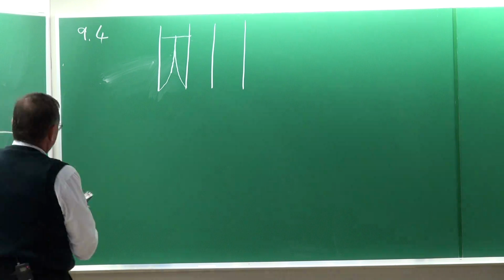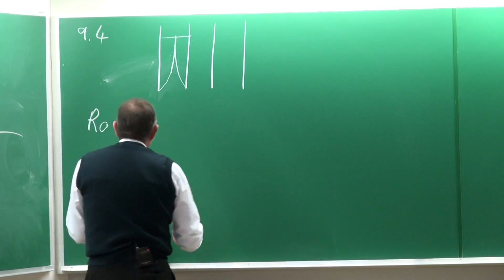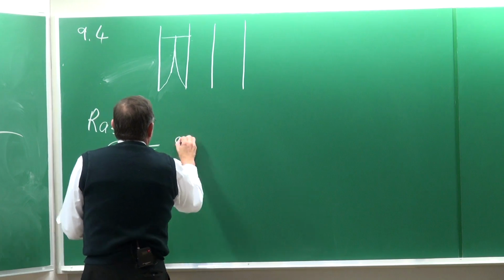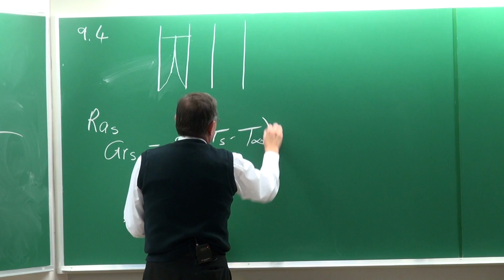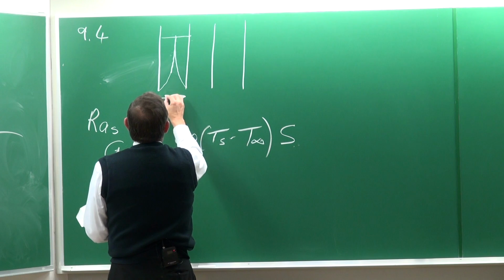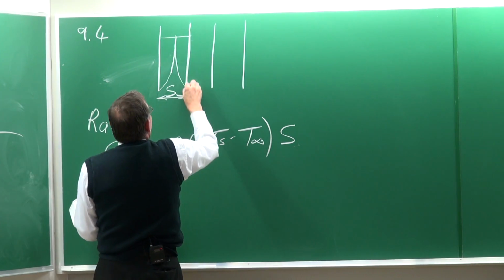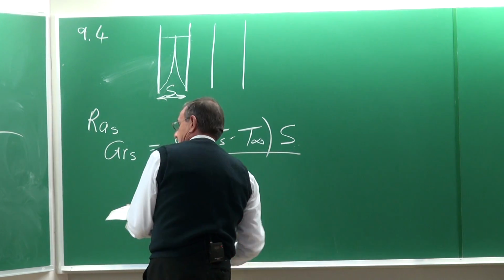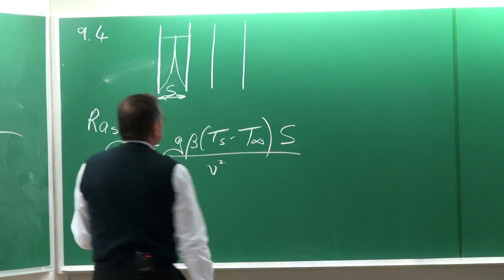So in these types of problems, what is very important is we will have a Rayleigh S or a Grashof S. So it would be equal to g beta (Ts minus T infinity), and the characteristic length would now be S, where S is the spacing between the fins, divided by viscosity squared, like that.